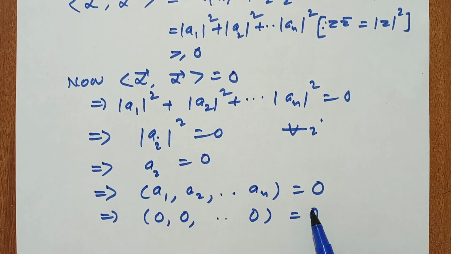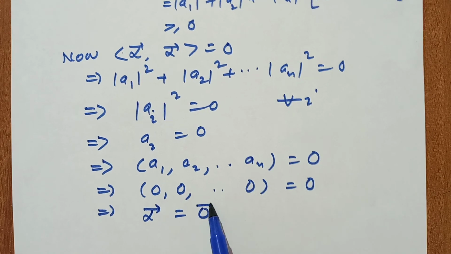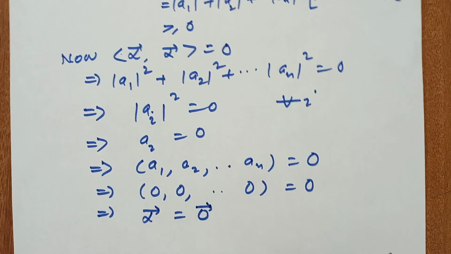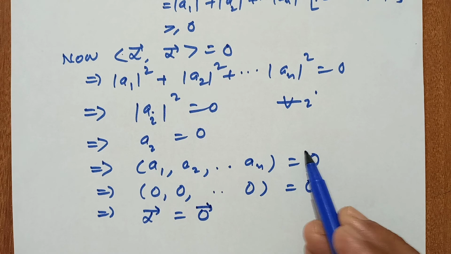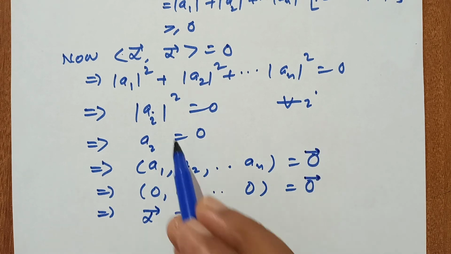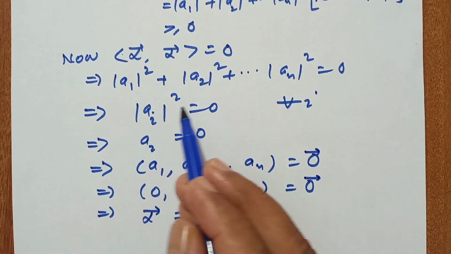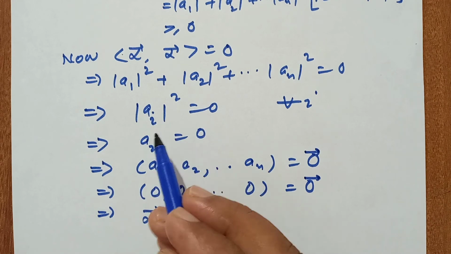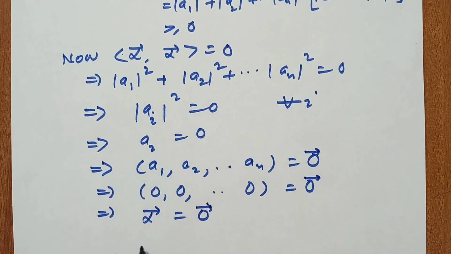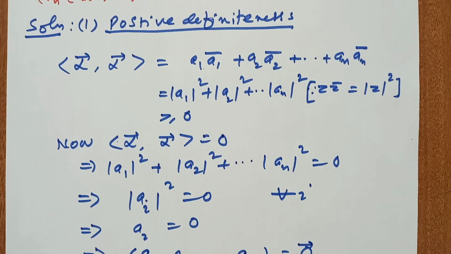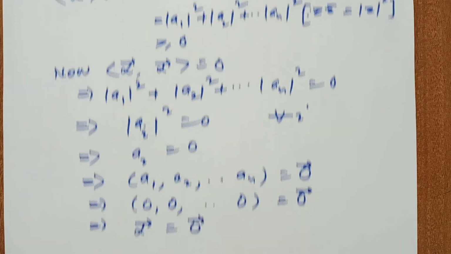This implies alpha is equal to 0, the zero vector. Hence the first property is satisfied.